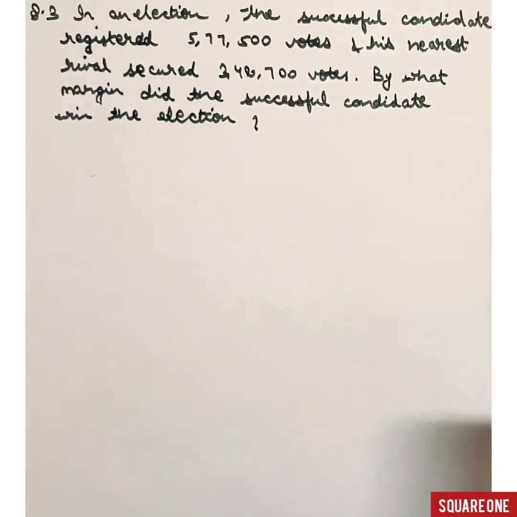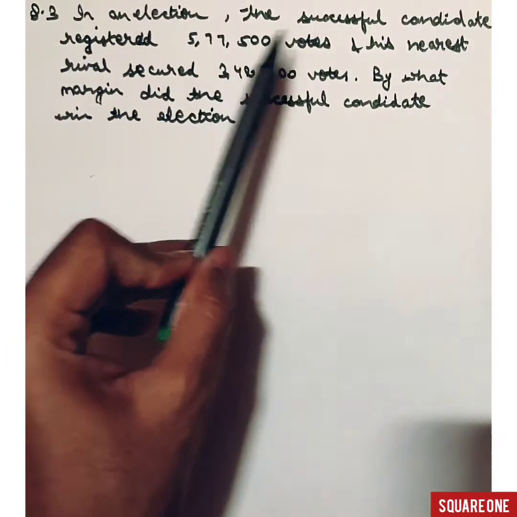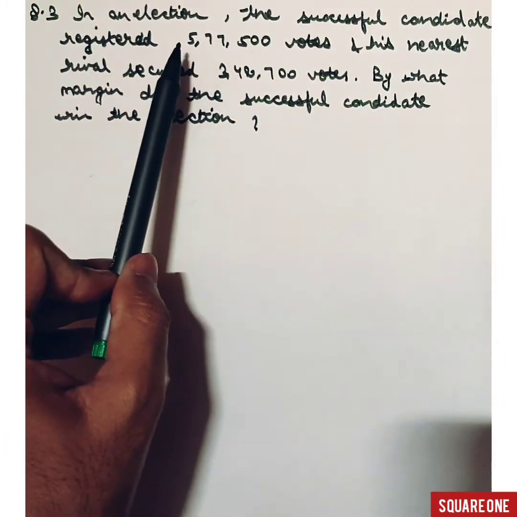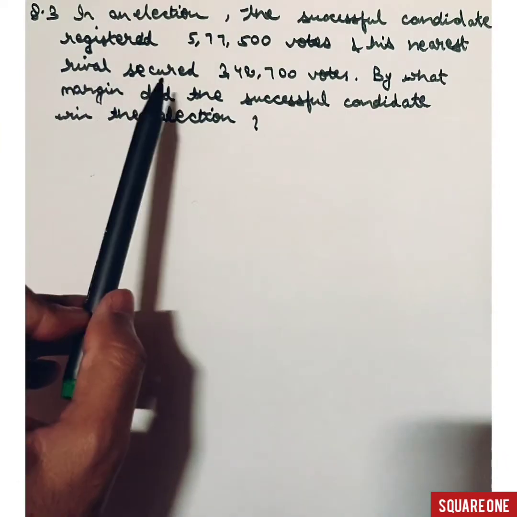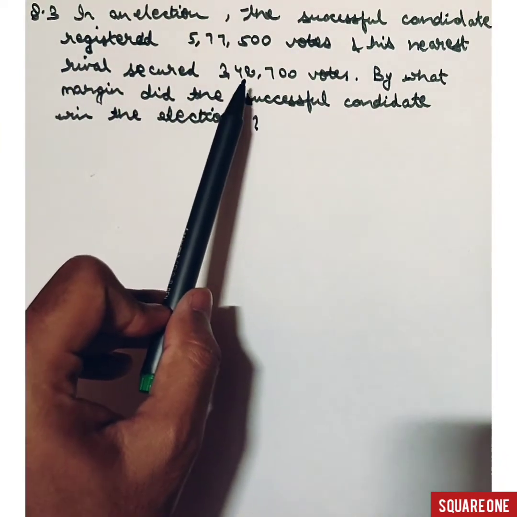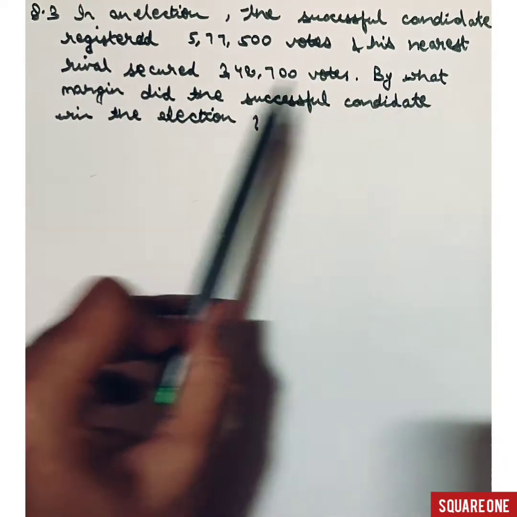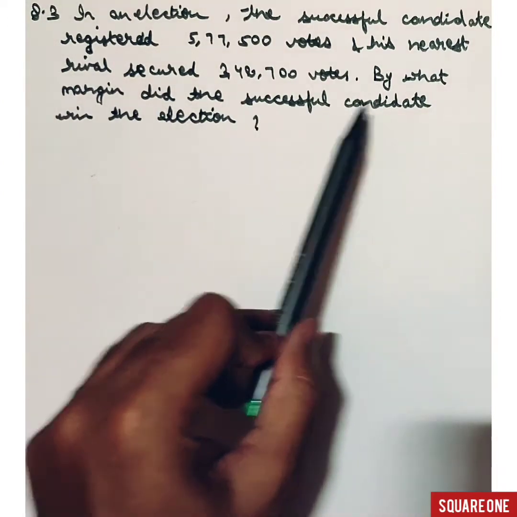The third question says, in an election, the successful candidate registered 5,77,500 votes and his nearest rival secured 3,48,700 votes. By what margin did the successful candidate win the election?